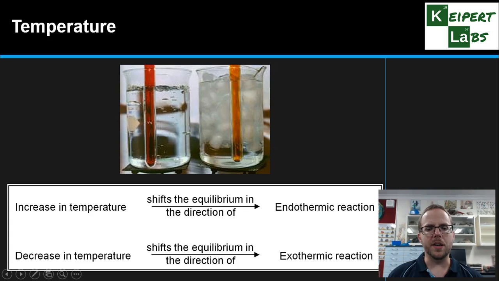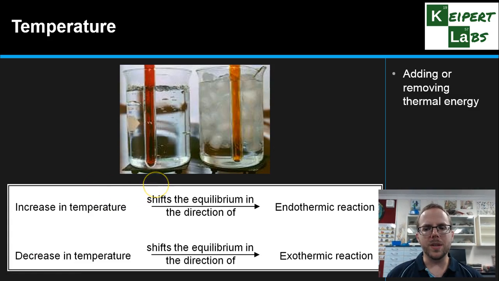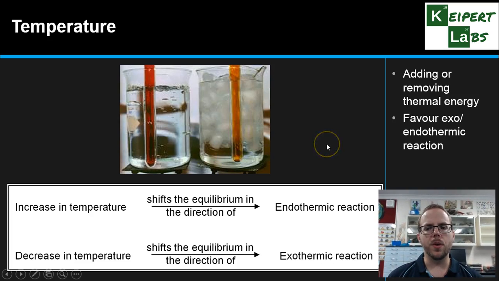Now, if we were to think about it in terms of temperature, when we're changing the temperature, we're adding or removing thermal energy from the system. So we're changing the motion of the particles in some way. The equilibrium will shift to either favor the exothermic or endothermic reaction, depending on which way the temperature has changed. If we increased the temperature, the equilibrium will shift in favor of the endothermic reaction because that removes thermal energy.